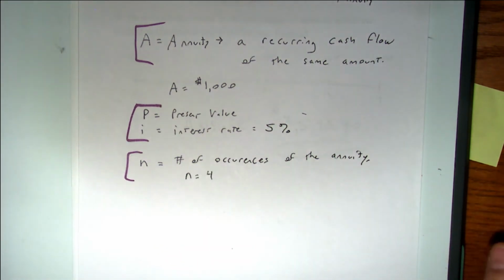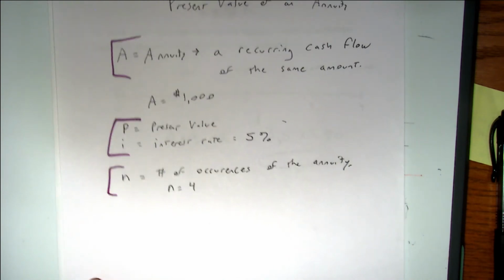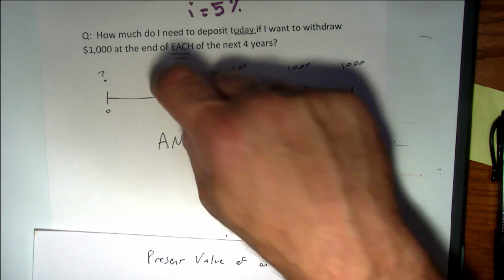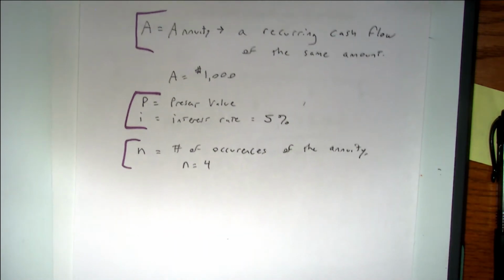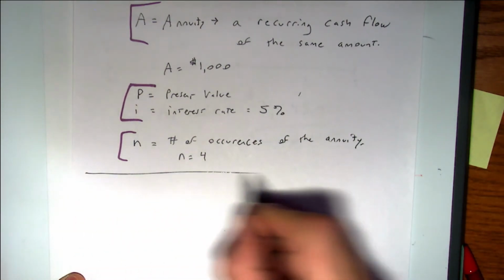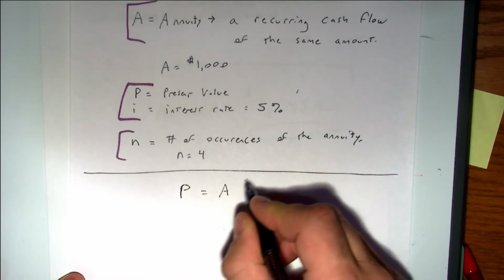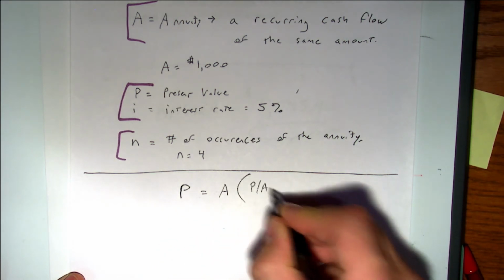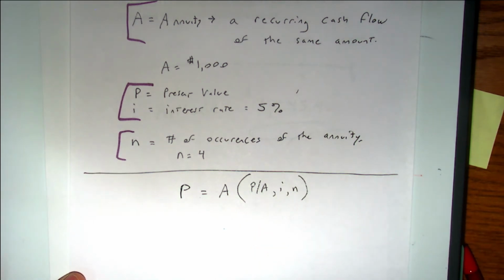N equals 4, right? Because the annuity happens 4 times: 1, 2, 3, 4. So we're going to set this problem up like this: P equals A, P/A, I, N.